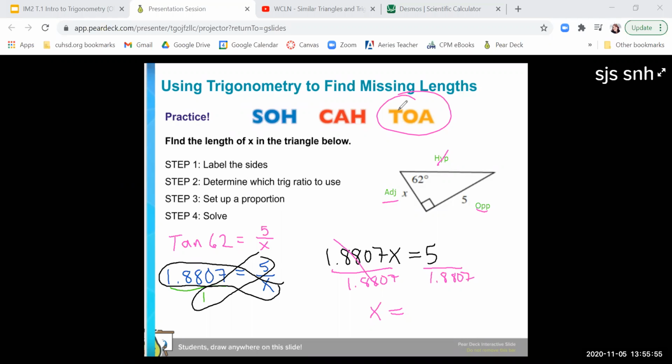Five divided by 1.8807 looks like about 2.66.